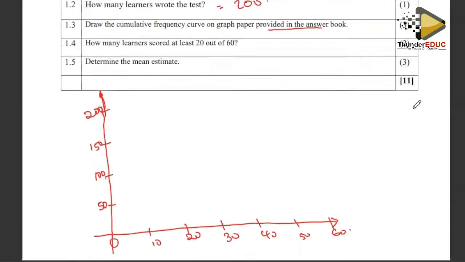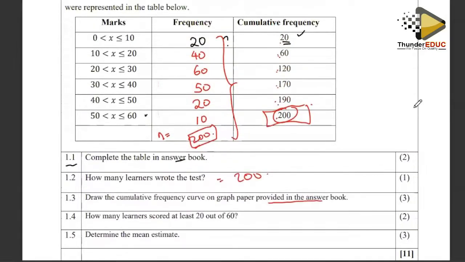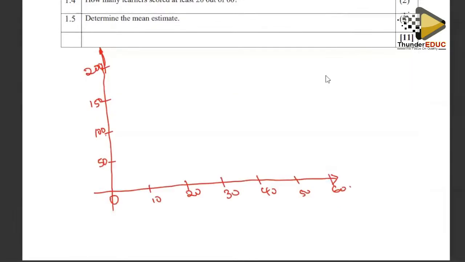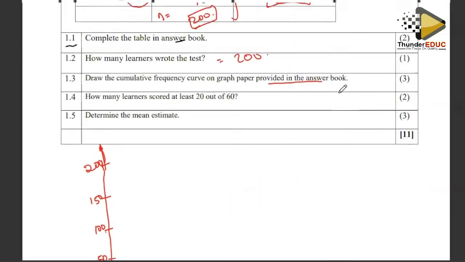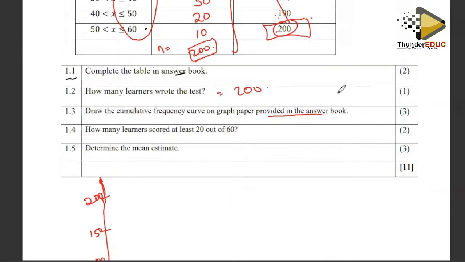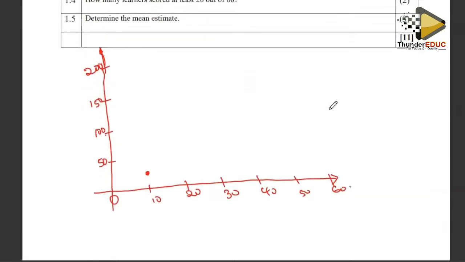When you're graphing a cumulative, we normally use the upper class intervals together with the cumulative frequency. So 10 is going to go with the 20. Then 20 is going to go with 60, which should be slightly above 15.